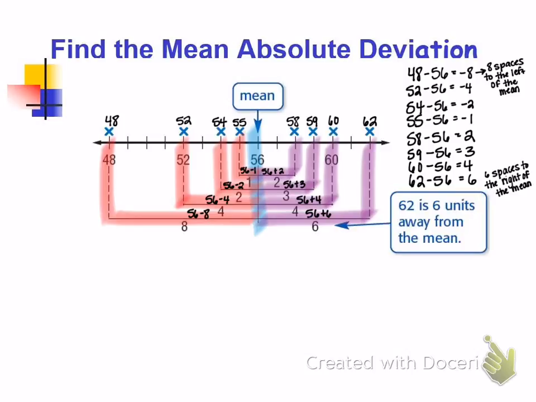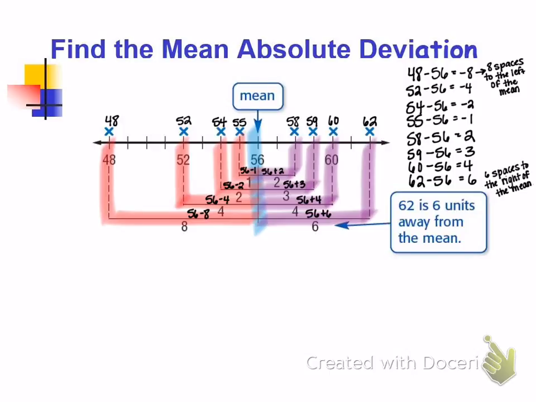So when we are talking about the deviations, we are talking about their positive values, because the positive and the negative tell us the direction in relationship to the mean. If we were to now continue and find the mean absolute deviation, we're going to take the mean of the deviations.